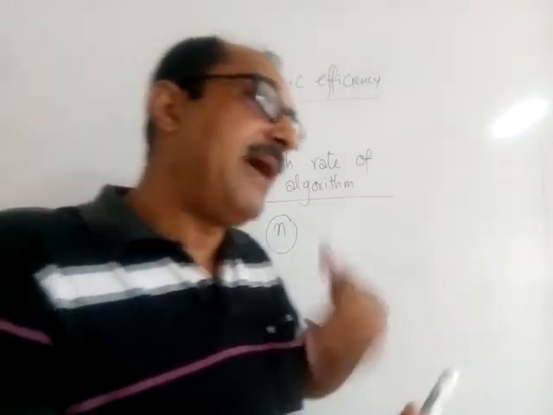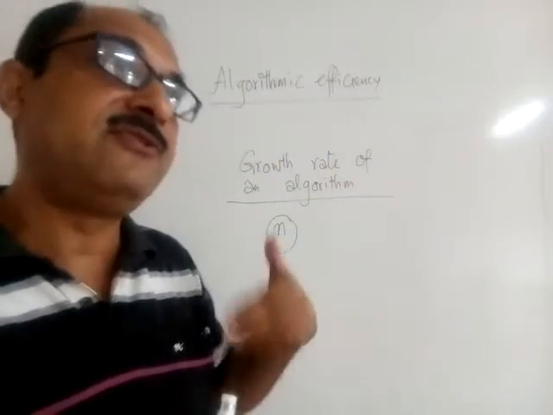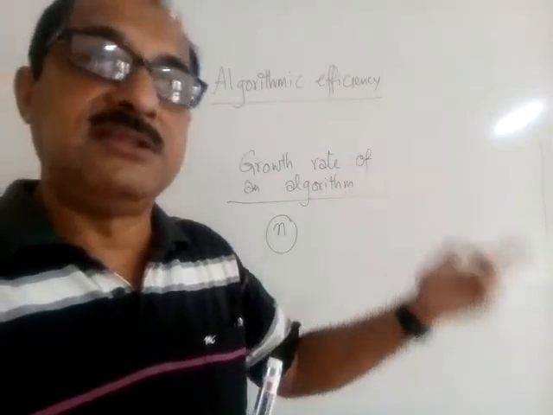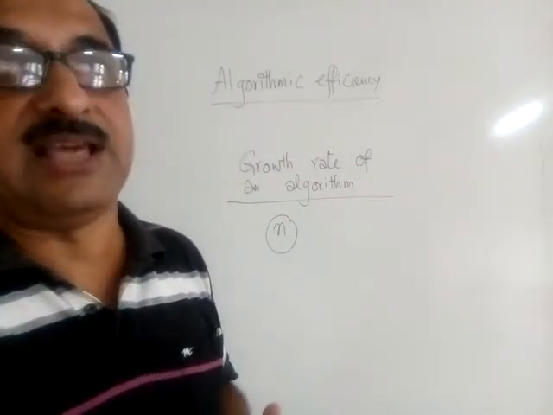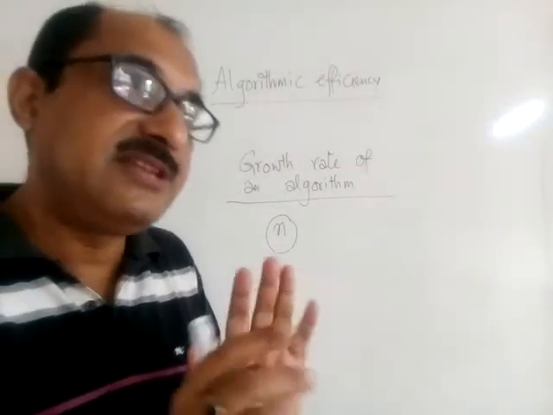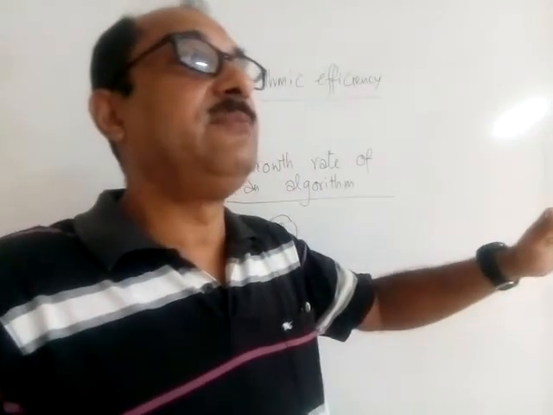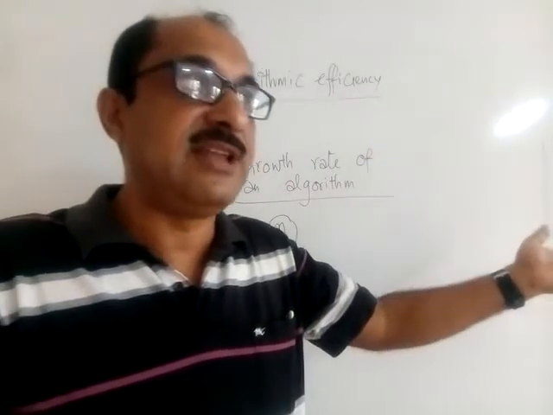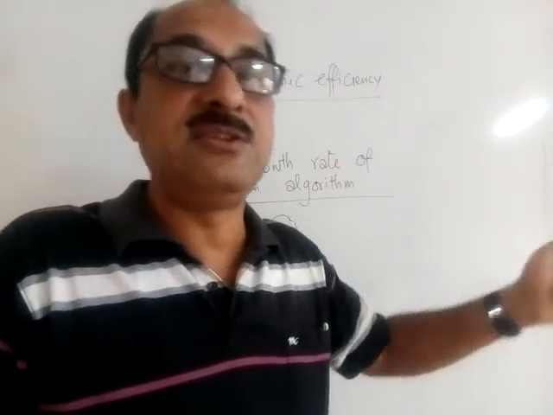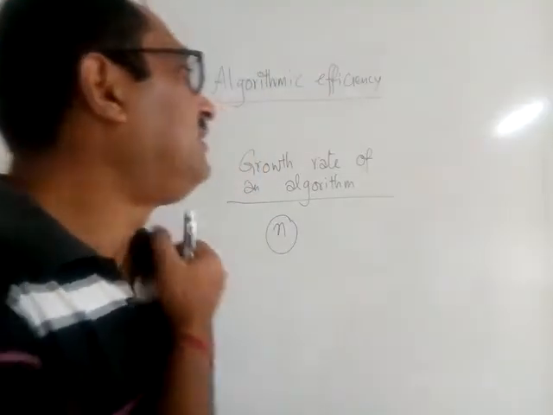Say for any algorithm, n is the number input that is required for the program to complete properly. Now if I increase the n size, how does it influence the algorithm? That is called the growth rate of an algorithm.